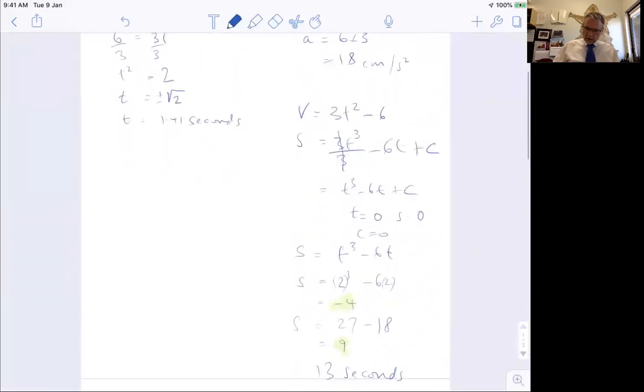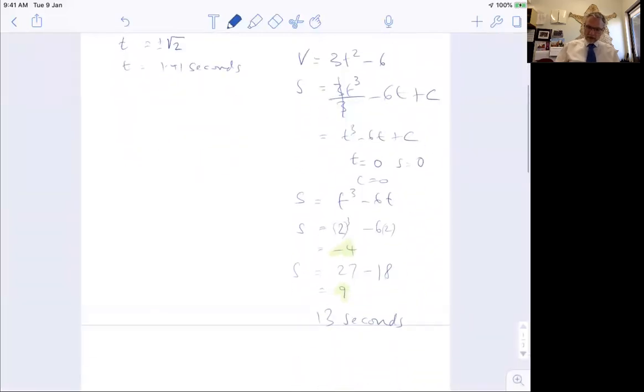By the way, another way of writing this is quite convenient because it doesn't require c at all. We can use integral notation, and we do from 2 to 3, and we put the velocity statement in there, 3t squared minus 6 dt. That's the same as what we did before. So we just integrate this, and we get the same statement, t cubed minus 6t.